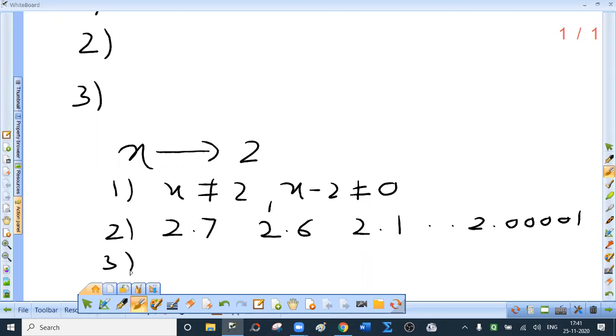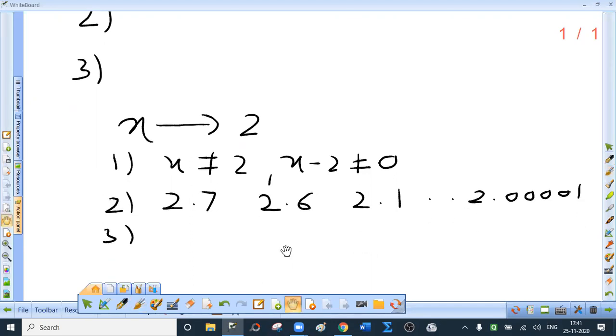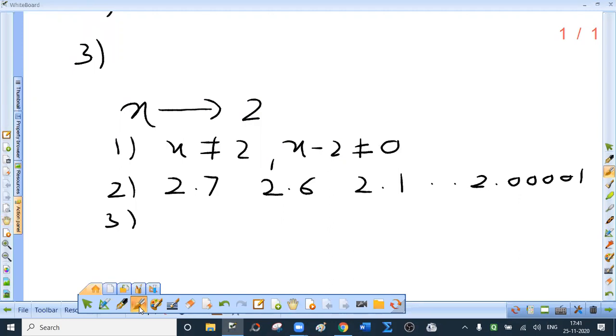The third inference is direction is not mentioned. That is, whether x approaches 2 from left or from right is not mentioned. In fact, after 2-3 days, I will explain this concept of left hand limit and right hand limit. Today we will not discuss that. See here, you will notice that x assumes values to the left of 2 and approaches 2, right?